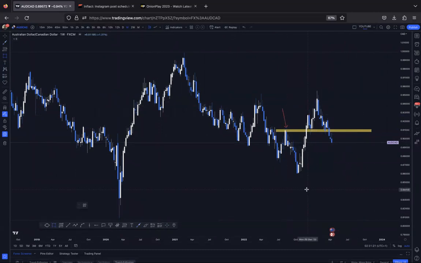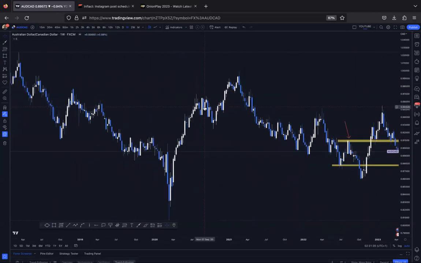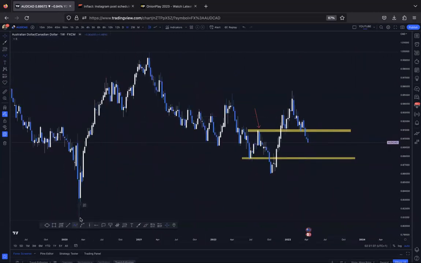Another level I'll be considering would be this low here. The reason why I'm considering this low is this could be a potential head and shoulders pattern. If you're not familiar with the head and shoulders pattern, we'll talk about it. A head and shoulders pattern is a very common pattern that happens in the market where you have the market giving you a low, push up, come down, go lower, push up, come down like this, and go higher like this.